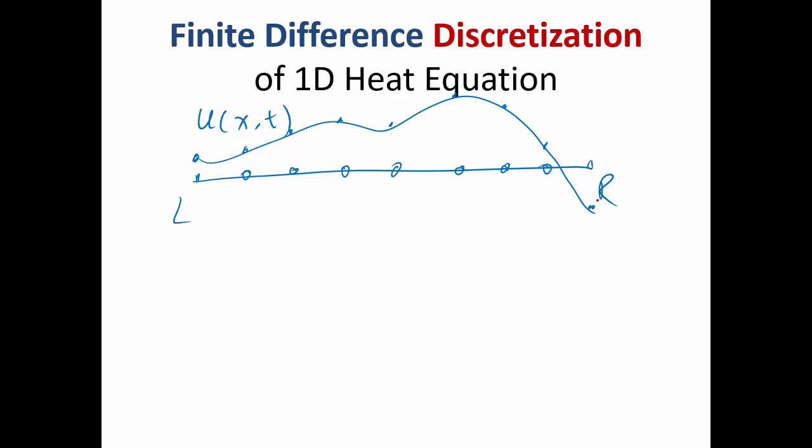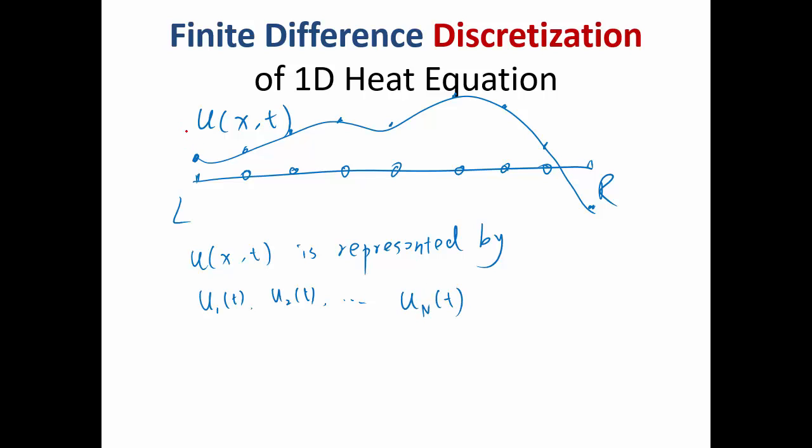That means I'm going to represent my function u of x and t by u1 of t, u2 of t, etc., un of t, where the value of the function at the first grid point is u1 of t. The value at the second grid point is u2 of t. And if I have n grid points, the value at the last grid point is un of t.